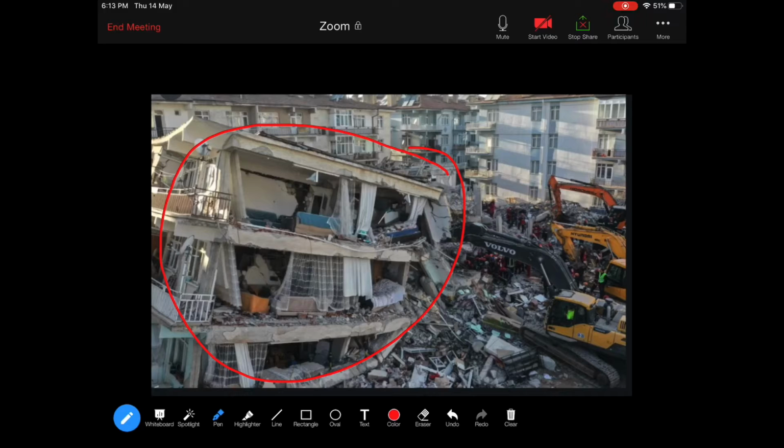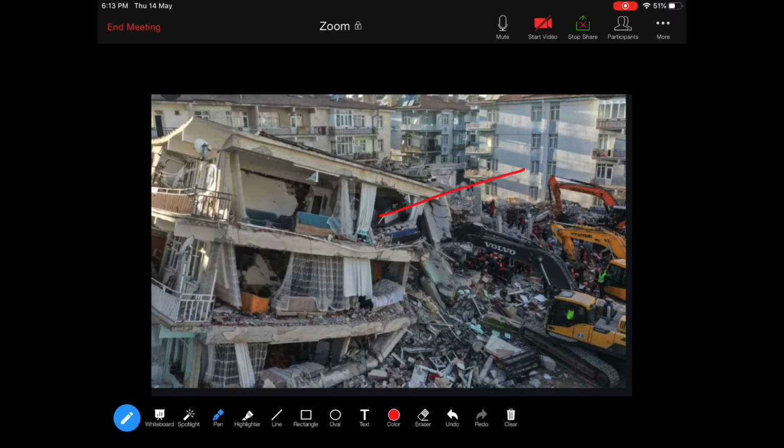This structure is completely damaged by the effect of earthquake waves, with much loss of money, humans and other things. It is not recoverable. It is completely wastage and we cannot use these materials again.